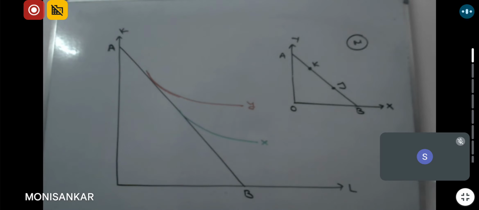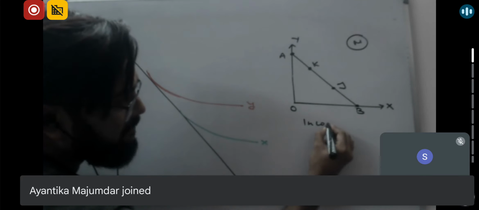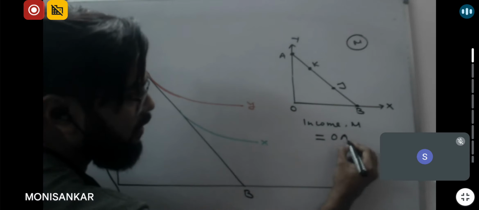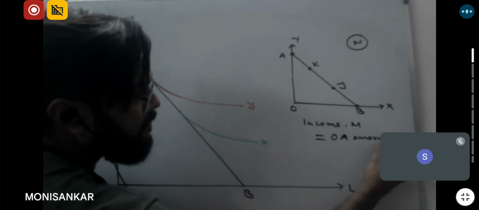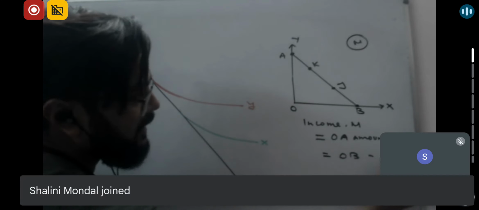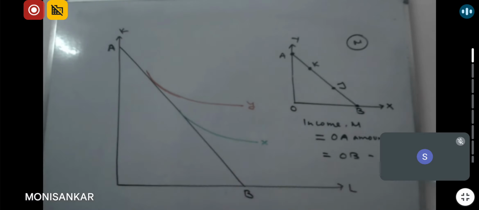If you buy the point k or j, what is your expenditure? It is m, at a and b also m. I can write income m equals OA amount of y or OB amount of x. Can it be written? Same thing.